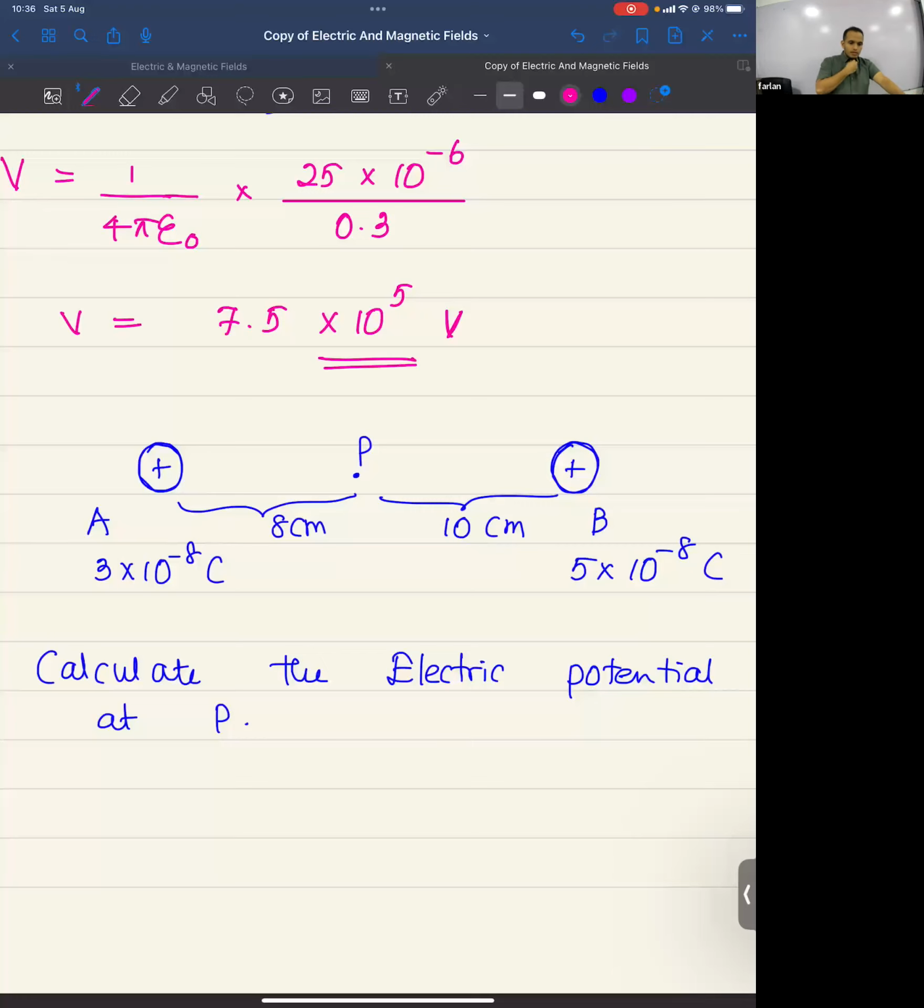So guys, now tell me the electric potential at P. We have to take the electric potential at P due to A and due to B separately. After that, do you add them or subtract them or what? Add them.